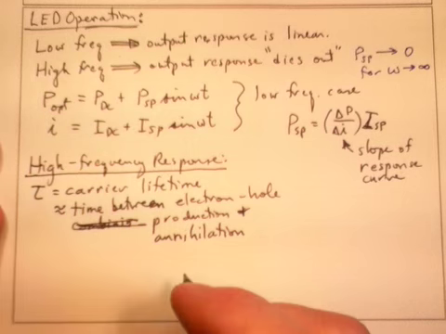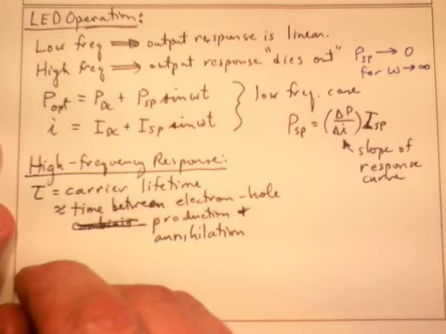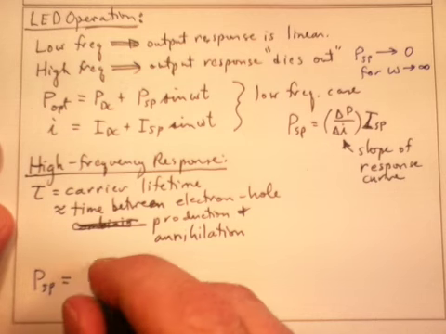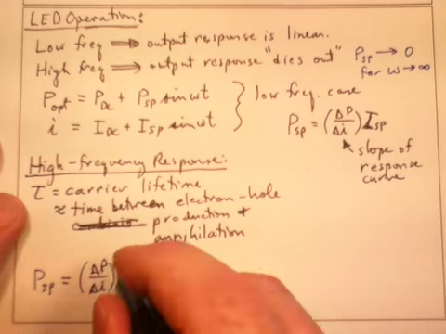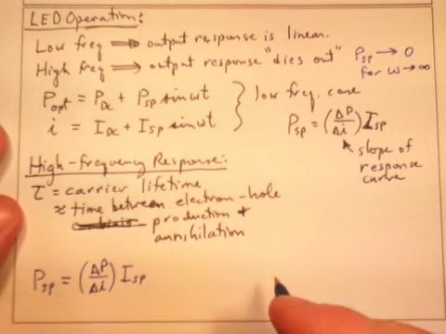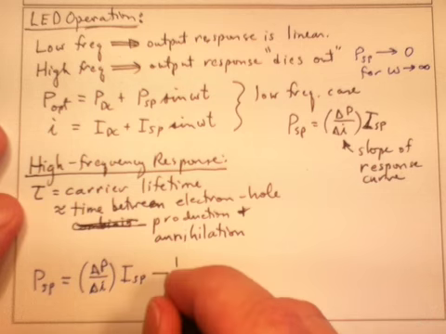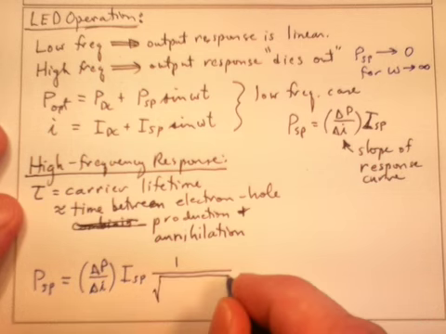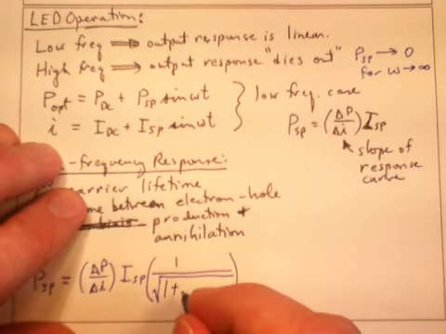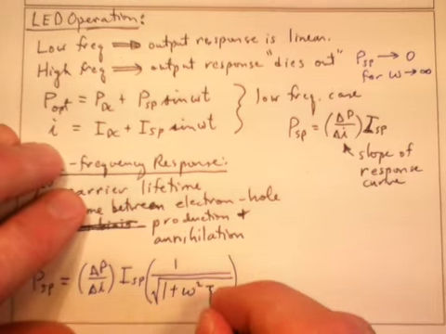We're going to see that P_SP is equal to the same delta P over delta I times I_SP, but now we're going to temper that with a frequency response that looks like this: 1 over the square root of 1 plus omega squared tau squared.